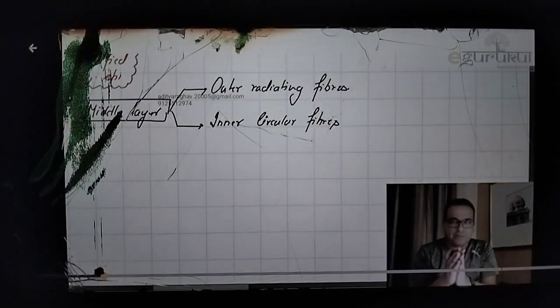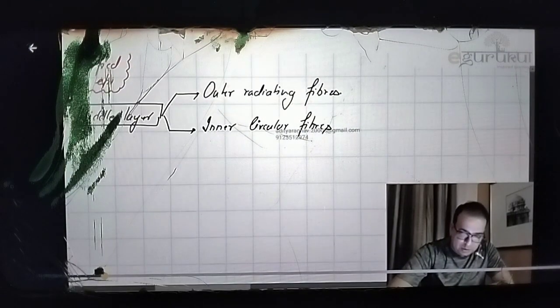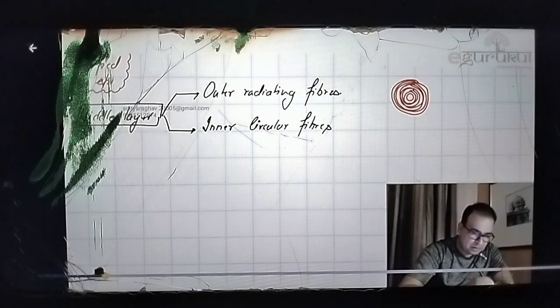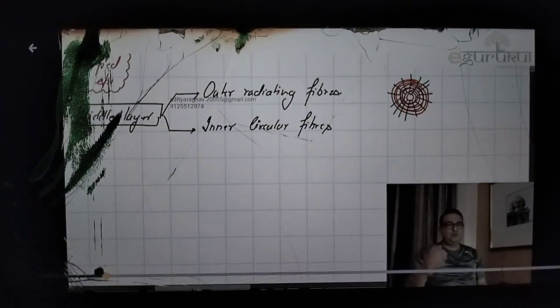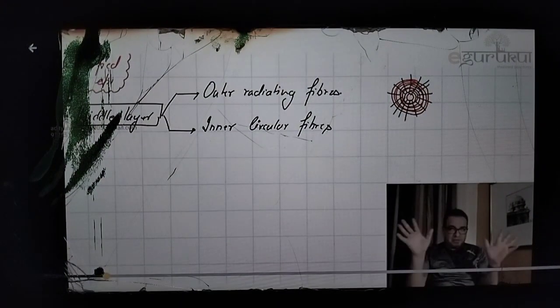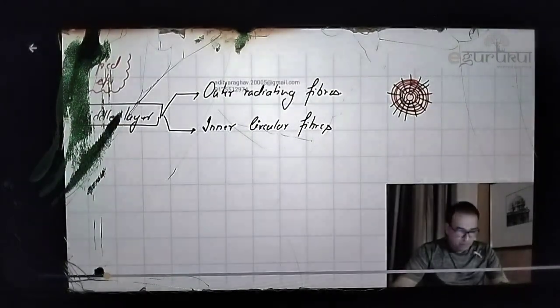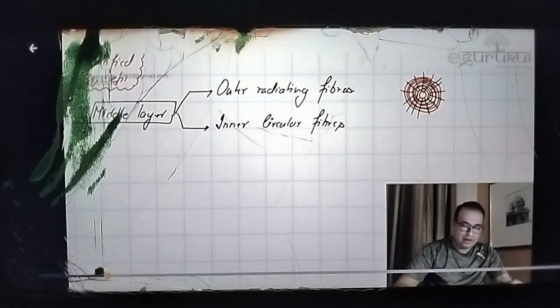So when you look at this middle fibrous layer, the inner layer has circular fibers in this manner, and more on the outside are the radiating fibers, which are present in this way. That's the 2 types of fibers you see in the fibrous layer: the outer radiating fibers, and the inner ones arranged in a circular manner. So regarding the 3 layers of the tympanic membrane: the cuticular, the mucosal, and the middle fibrous layer, which is divided into 2 parts: outer radiating and inner circular.